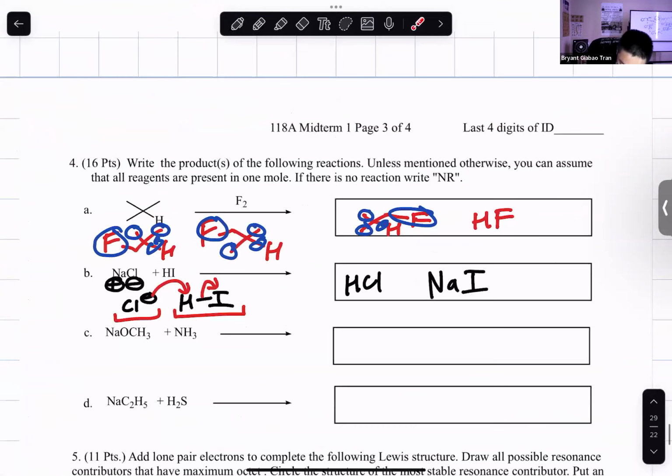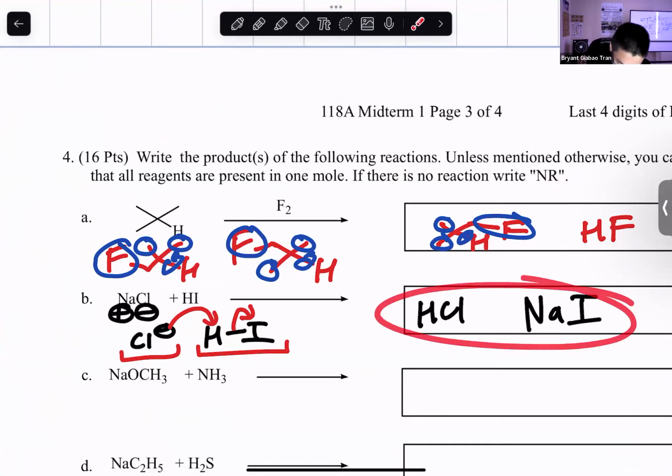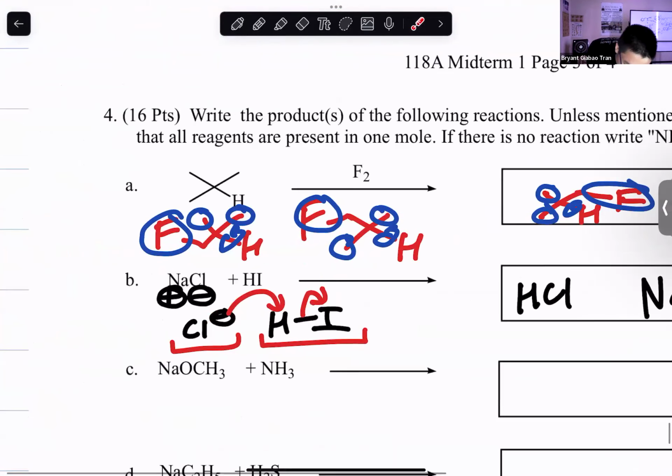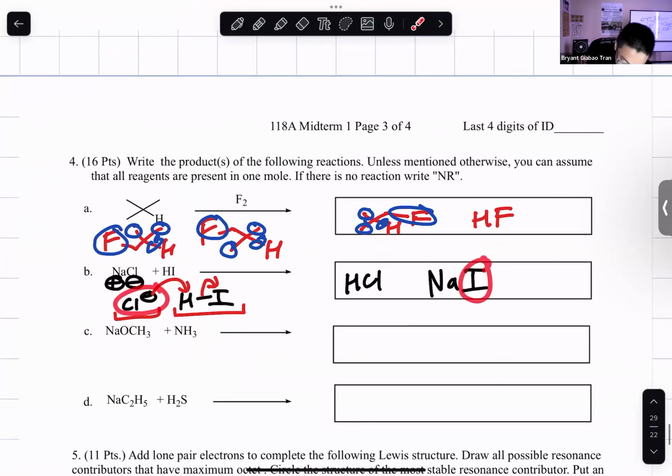Which is able to exist in this form because if we were to compare the Cl minus charge that we have in the reactant versus the I minus charge we have in the product, this is where we determine what charge is more stable from CARIO. C will stand for charge.